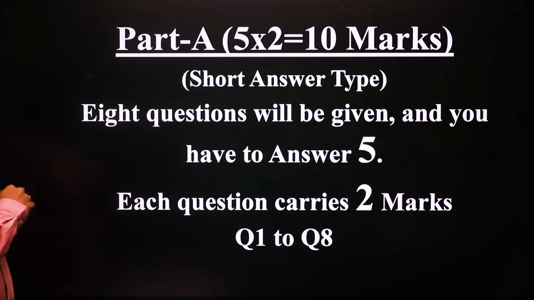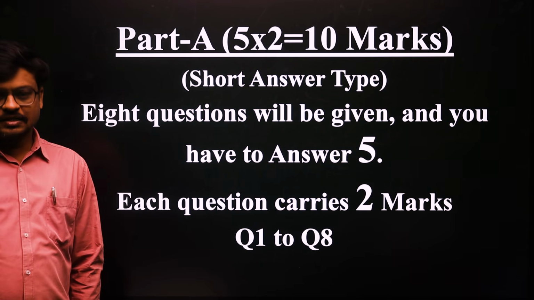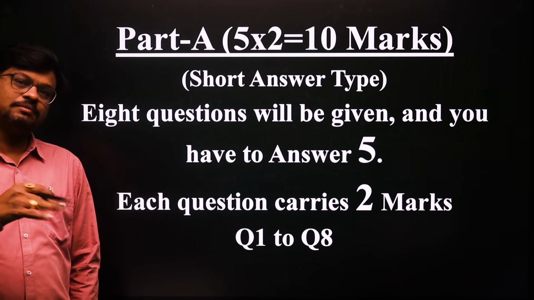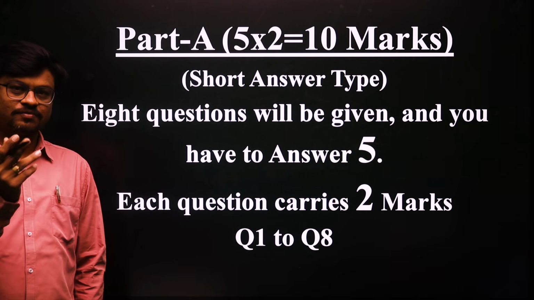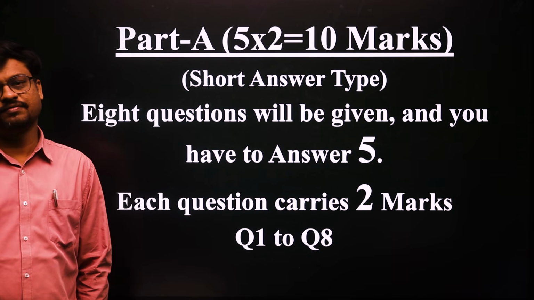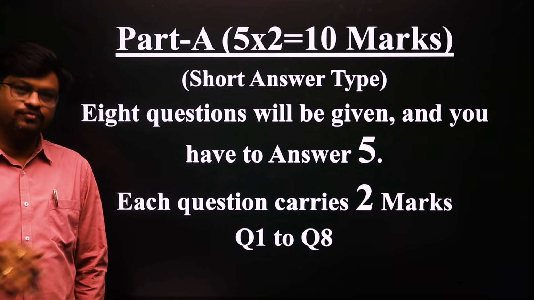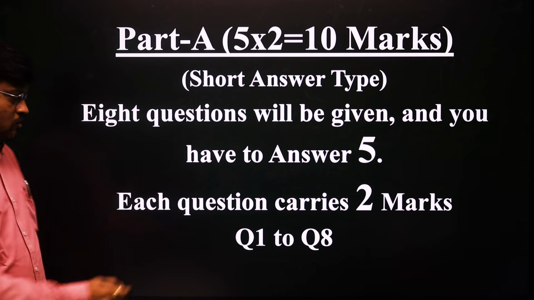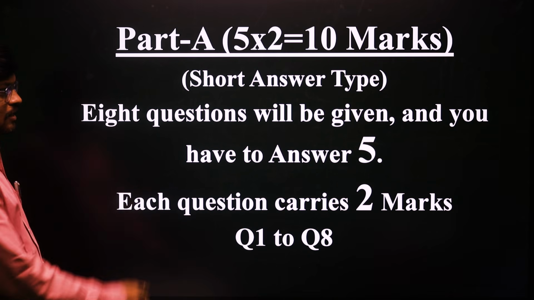The first 5 questions will be from the first 5 units and question numbers 6, 7, 8 will be from any of the 5 units. So the first question will be from the first unit, second from second, third from third, fourth from fourth, fifth from fifth, whereas the 6th, 7th, 8th you might get from first to 5th. So you have to answer any 5 out of it and 5 into 2 gives you 10 marks.